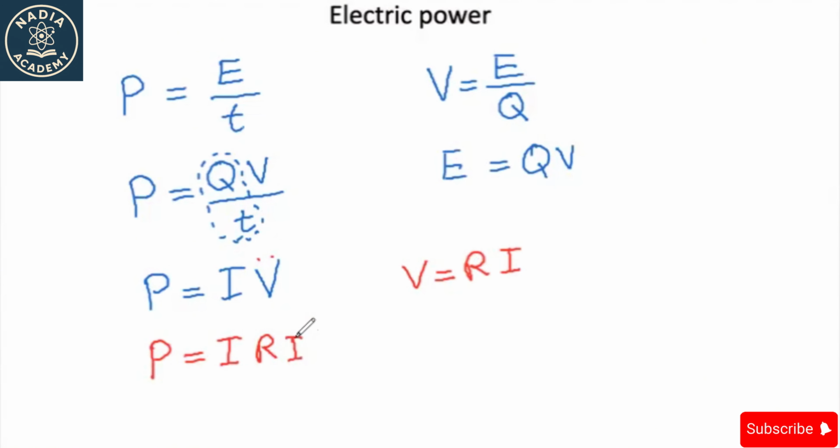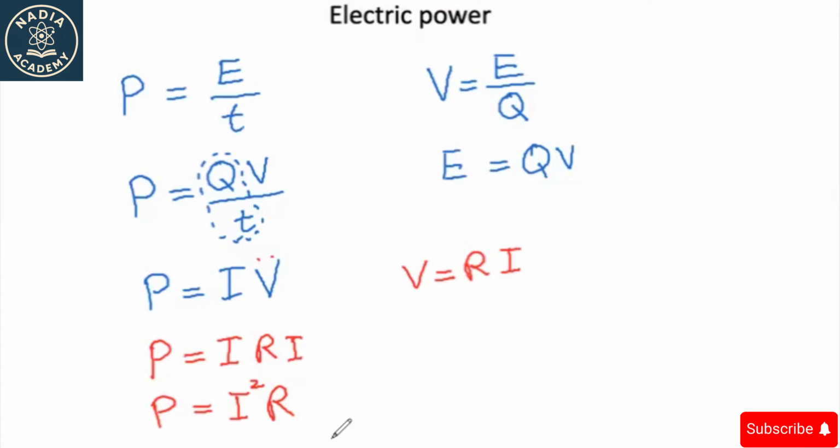Current times current is current squared. So I squared times R is our power. Using this formula, we can also calculate the dissipated power in wires, coils, and conductors.